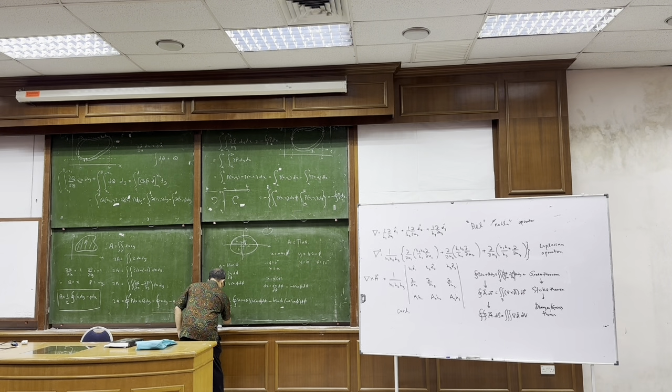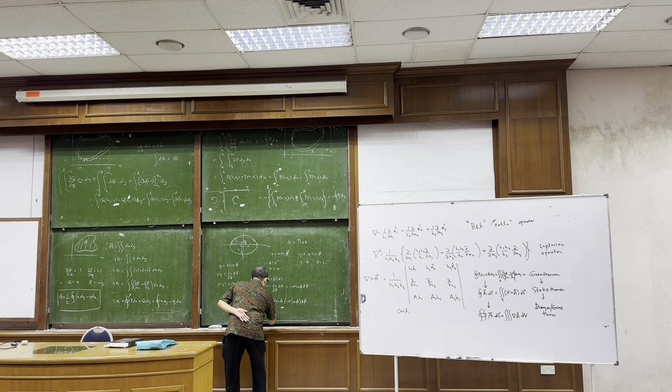So what we have here is half the closed integral of ab cos square phi d phi plus ba, the same thing, sine square phi d phi.